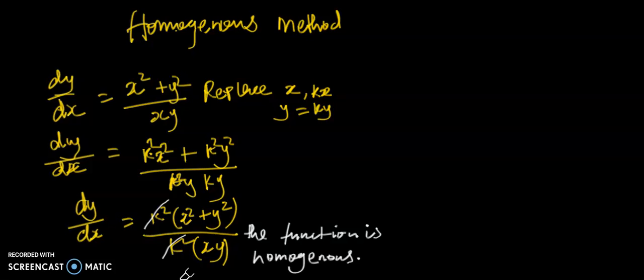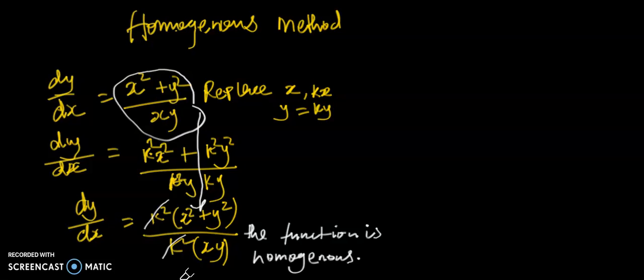How do we know that it is homogeneous? The result we've got is the original function. Remember, the original function is x squared plus y squared divided by xy, and this is what we've got in our check. So it is a homogeneous function.